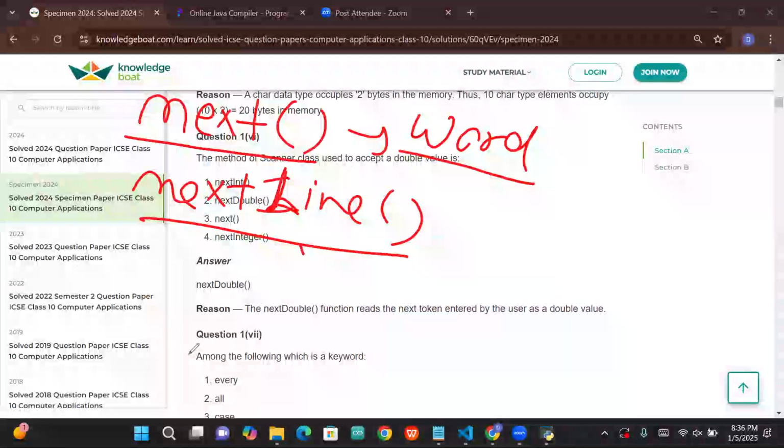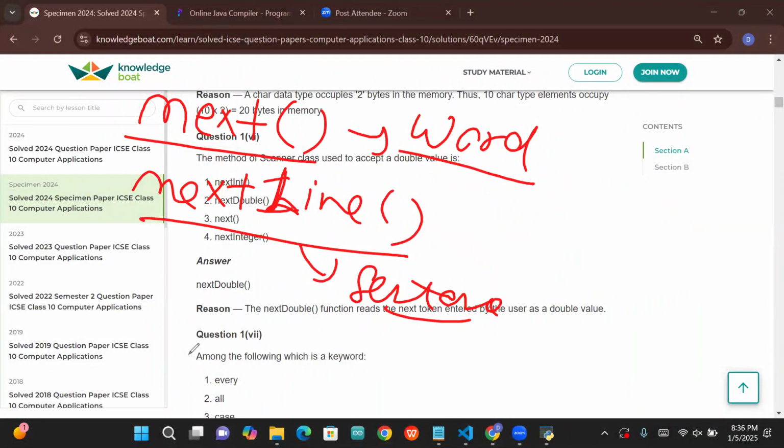But nextLine is used to read the whole sentence. With next you can only read one word without any space. If you want to read the whole sentence or any 2 words, 3 words, then you will use nextLine, because here space is also allowed.